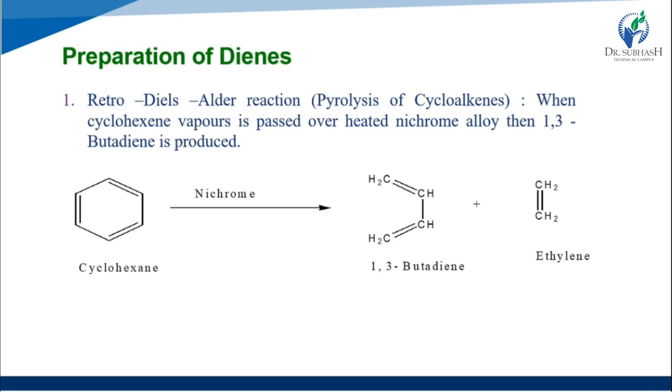So here we take the cyclohexene in vapor form in the presence of nichrome, and it breaks down, making 1,3-butadiene and one ethylene molecule. So this is the retro Diels-Alder reaction, also called the pyrolysis of cycloalkane.